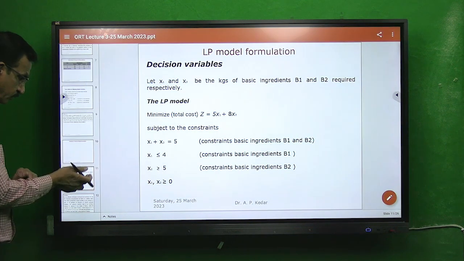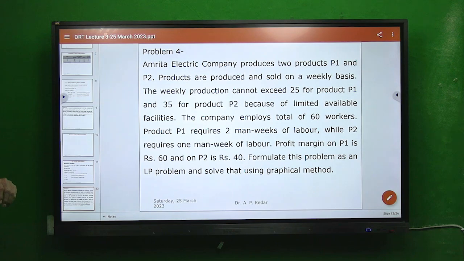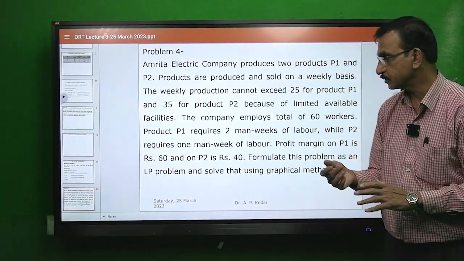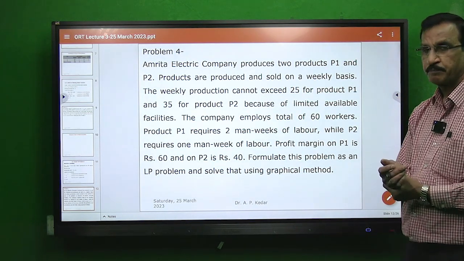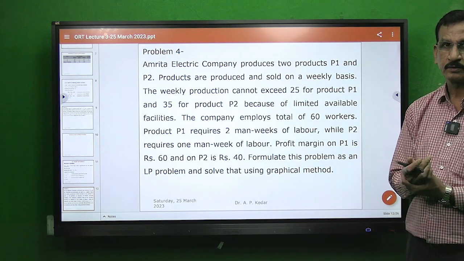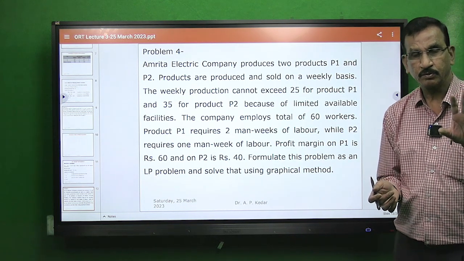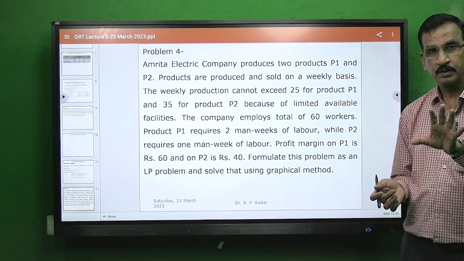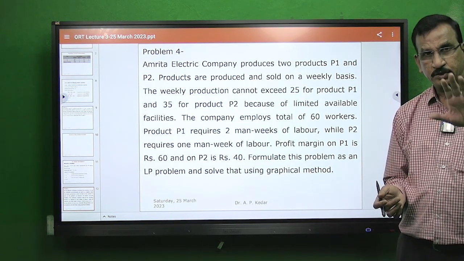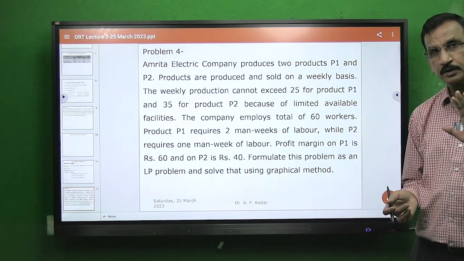Again, we will see one problem, the last problem related to formulation, and once we get mastery over formulation of the problem, we will switch over to the further part. We started with what is LP, we have defined OR, then we have defined linear programming, we have studied basic assumptions, requirements, and then steps of formulation of a linear programming problem from the given wording.